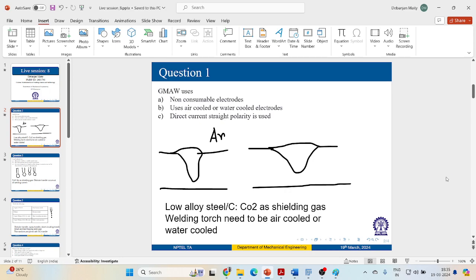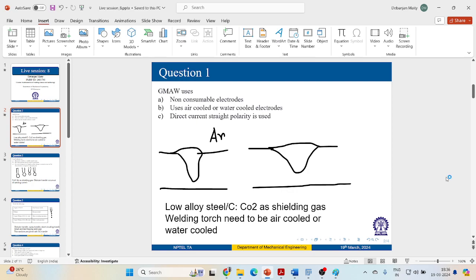Now, in terms of the principle of how you should initiate these arcs, these are all similar to what you do during shielded metal arc welding, right? The difference is that before ignition of your arc, your gas and water should be checked to see that they are in proper condition. Then proper current and wire speed should be set, and your electrical connection should be ensured.